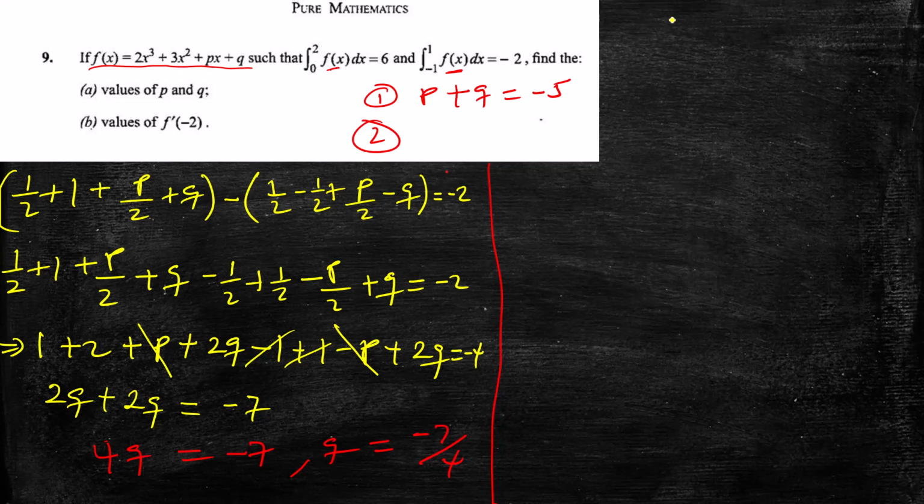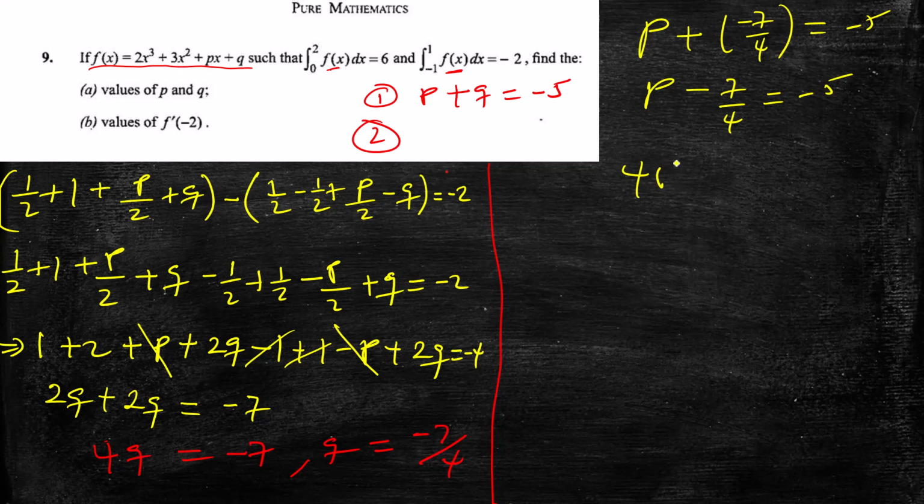Okay, so my p will be, from p plus q equals -5, p minus 7 over 4 equals -5.